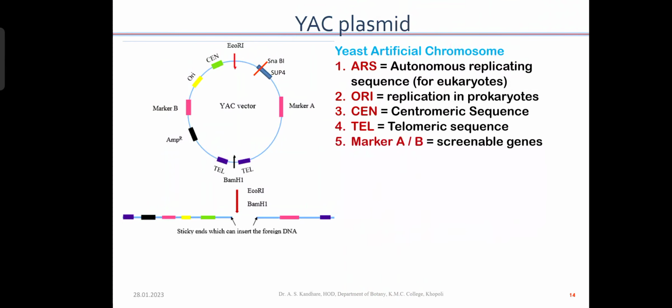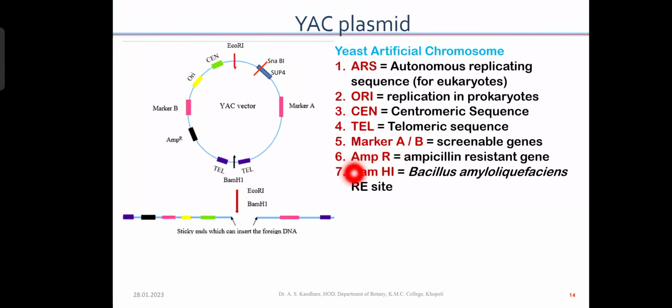Then it has marker A, B, screenable genes. So here you can see these markers A and B, isn't it? It has an ampicillin resistant gene. The ampicillin resistant gene is also inside it, isn't it? Here you can see the ampicillin resistant gene.